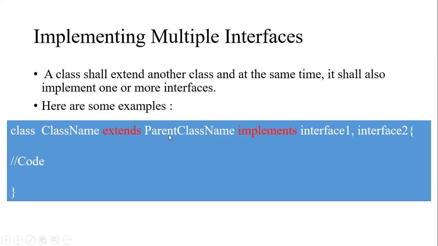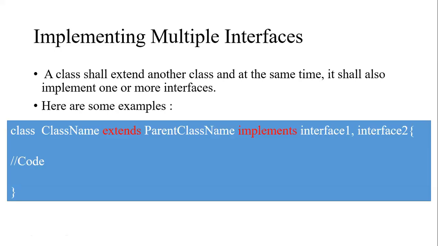In this scenario, if the parent class has any abstract methods, those can be overridden in the class name, and the abstract methods of interface 1 and interface 2 need to be overridden with respect to this particular class. So at one particular point of time, a class can extend one class and implement more than one interface.